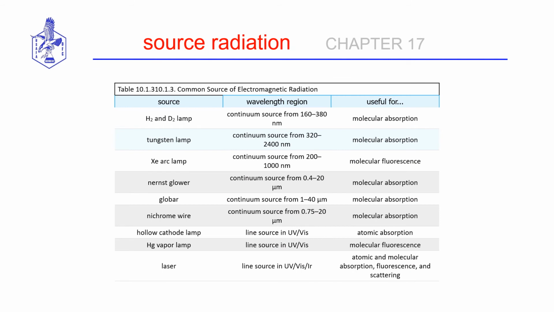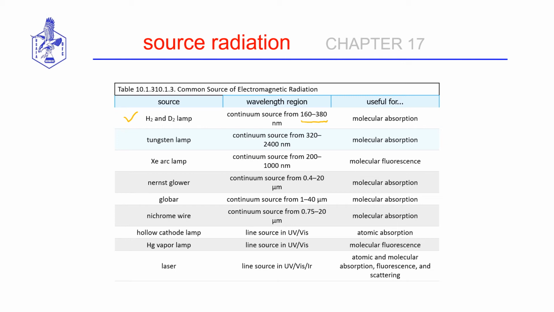This table gives a nice summary of different source lamps that are used in spectroscopic instruments, typically for UV visible or infrared absorption techniques. The specific ones most commonly used, a hydrogen and a deuterium lamp, are going to give us emission of radiation in this range.